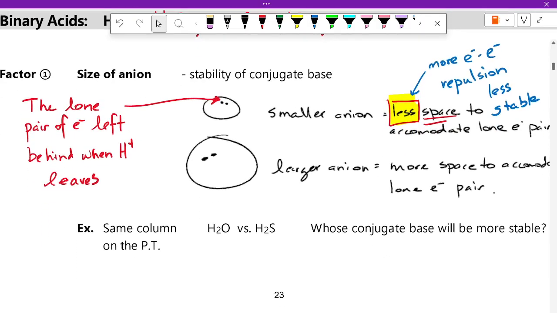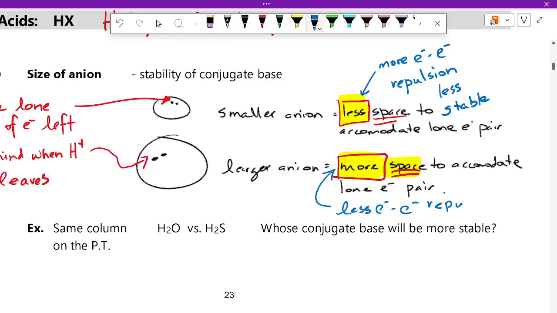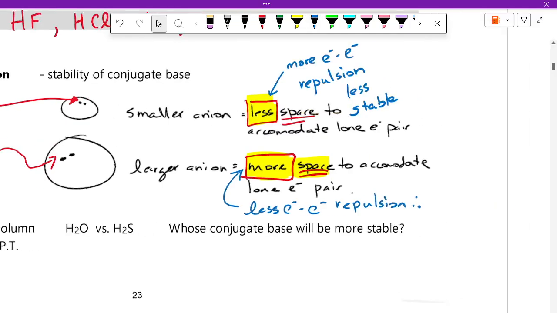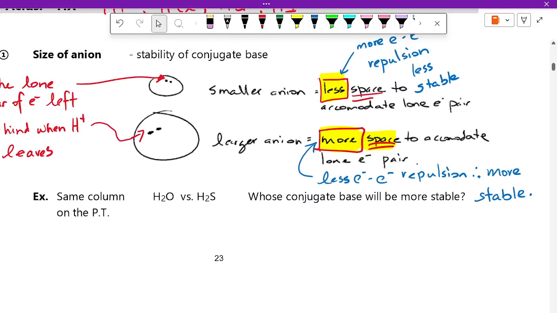If you have a larger anion, there is more space to accommodate that lone electron pair, so you're going to have less electron repulsion. And this works when you're comparing any two things that are in the same column of the periodic table.